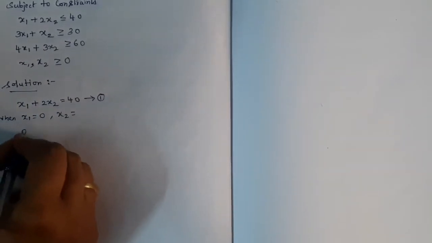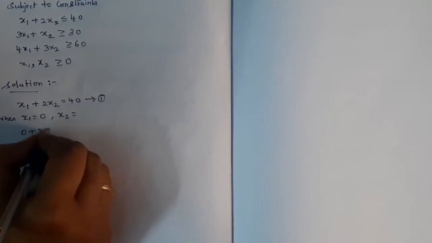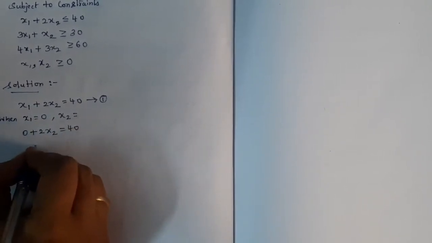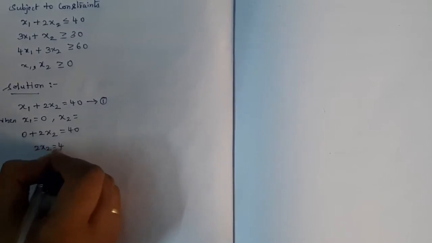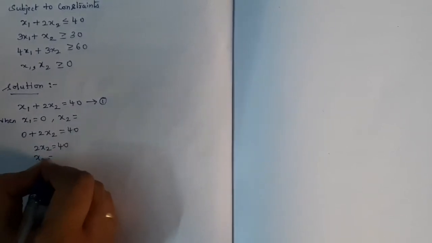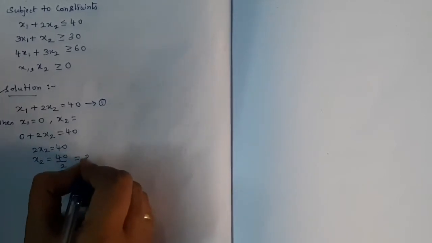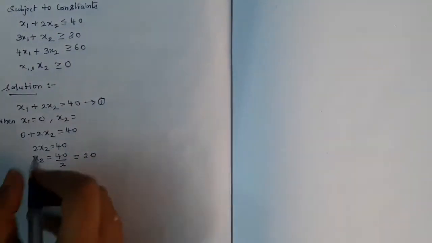So x1 is 0 plus 2x2 is equal to 40. So 2x2 is equal to 40, x2 is equal to 40 by 2. So you will get 20 as the x2 value.